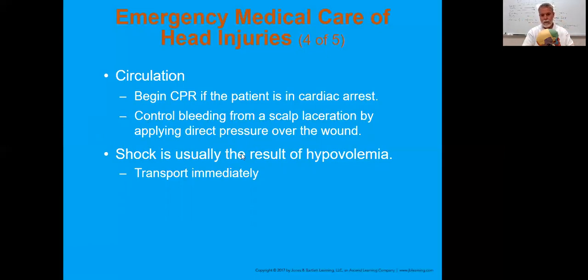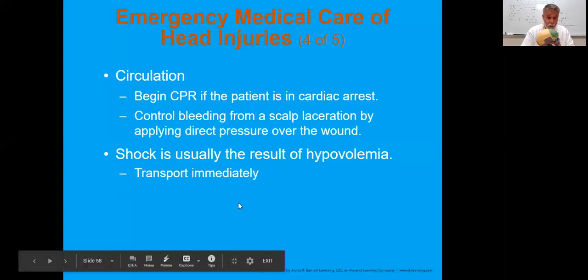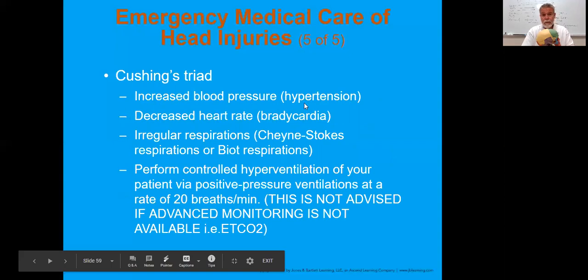But with the shock, a result of the hypovolemia, again, that's how shock is usually a result of that hypovolemia in these types of cases. So the only way that's truly going to be addressed, or I should say fixed with definitive care, is getting the person over to the emergency department.